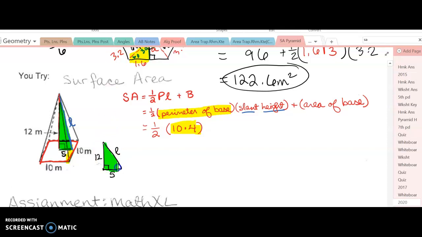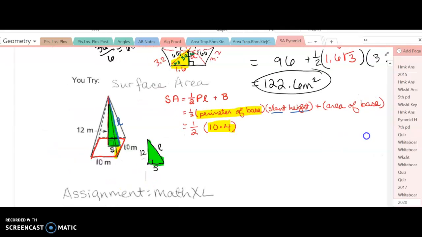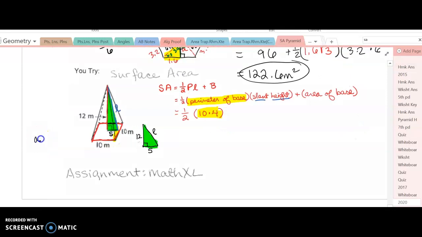So our strategy for this is going to be good old Pythagorean theorem. So let's go off to the side over here. A squared plus B squared equals C squared. So that's 5 squared plus 12 squared equals L squared. So 25 plus 144. So that's 169.